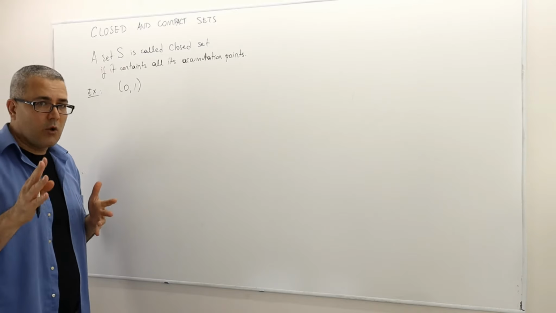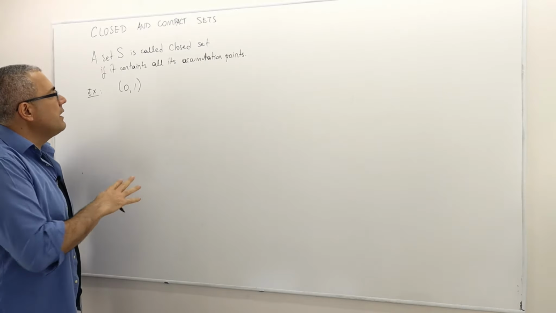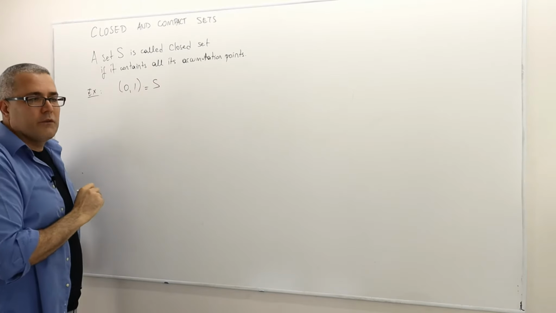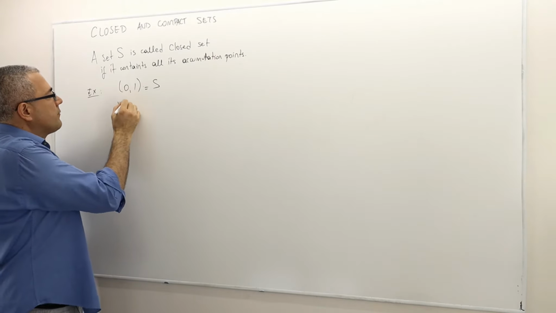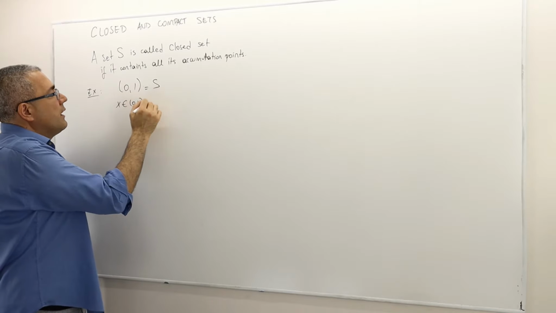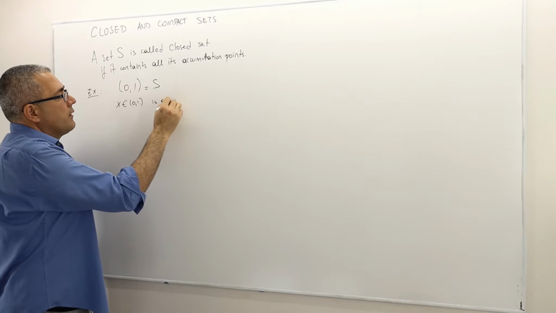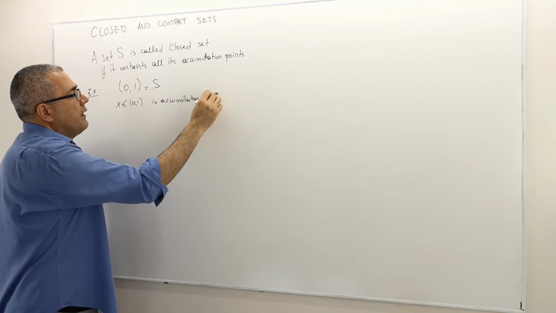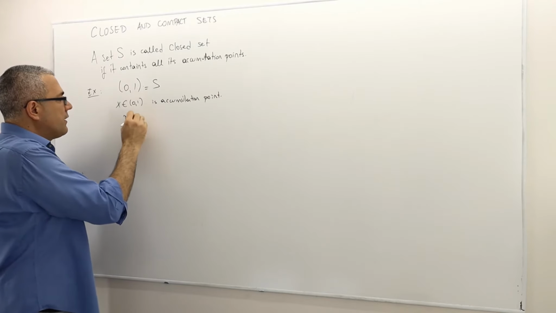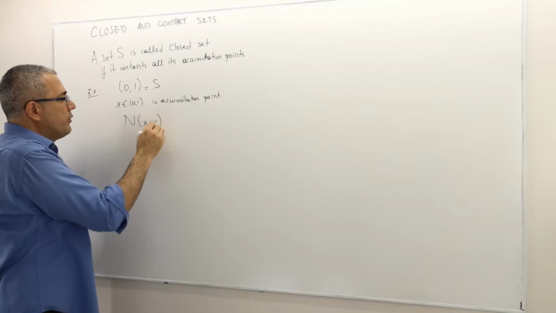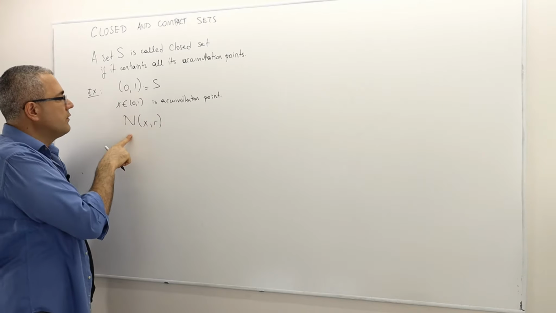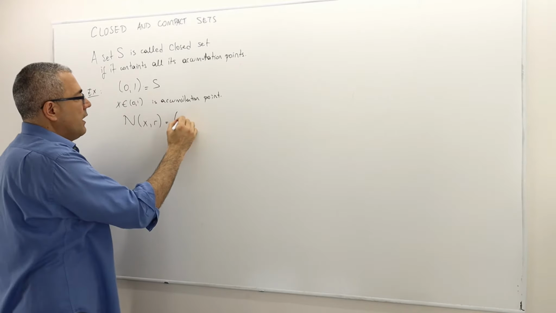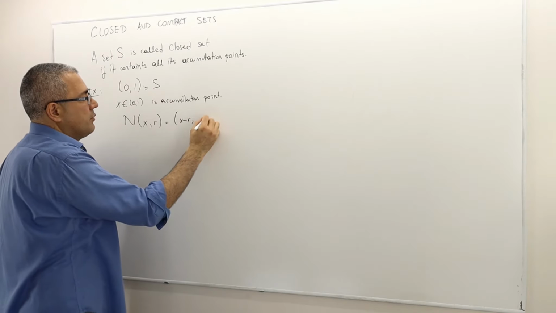Well, not always. So here in this example, if this is my set S, first of all, any point X in between 0 and 1 is an accumulation point. How do I know that? Well, if you consider the r neighborhood of any X in this interval, this is basically an open interval (X minus r, X plus r).